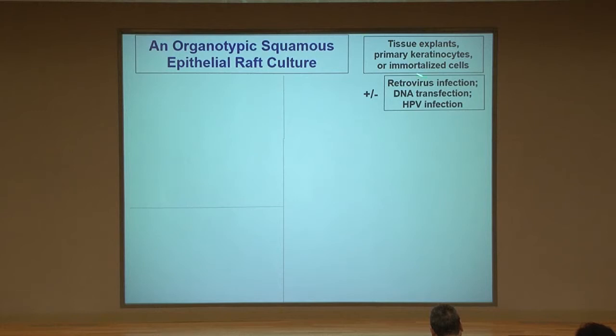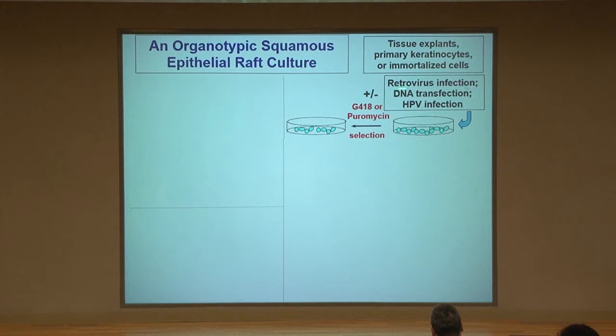So we can introduce viral genes in there using retrovirus-mediated gene transfer. We can also transfect DNA, and as we produce virus, we can also infect these cells with virus. So we grow these cells normally in petri dishes, and then usually if we have transduction or transfection, we have a selectable marker, we can select for those cells.